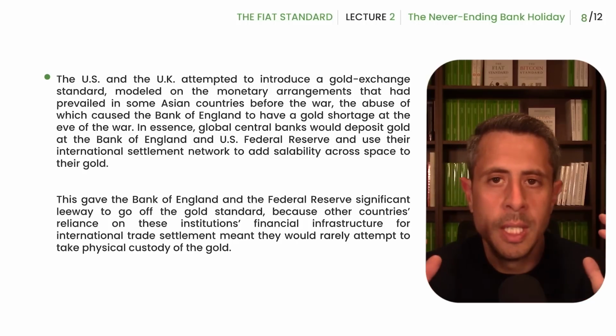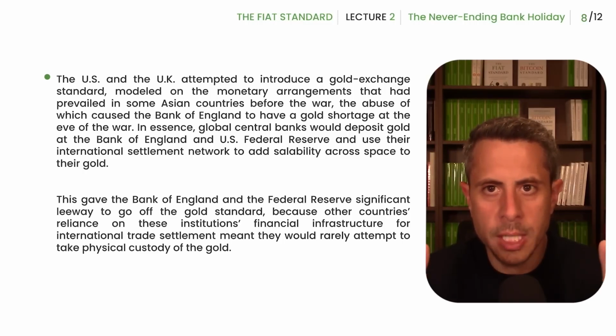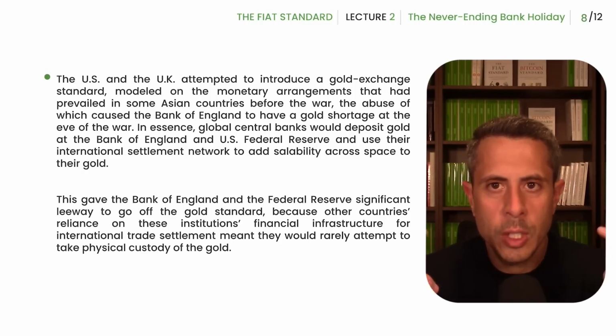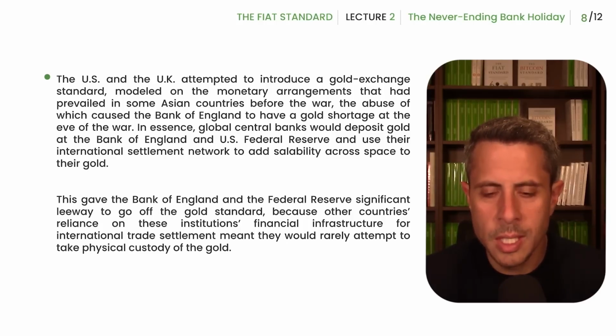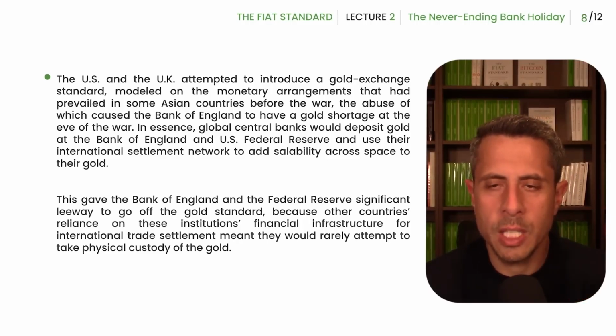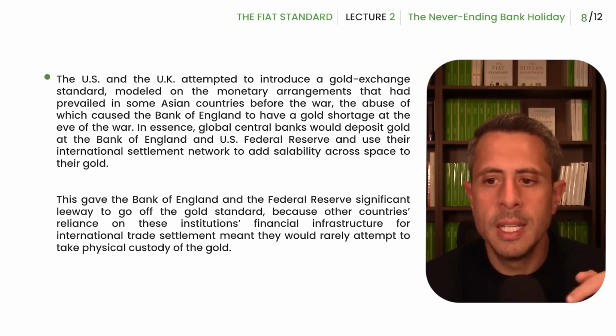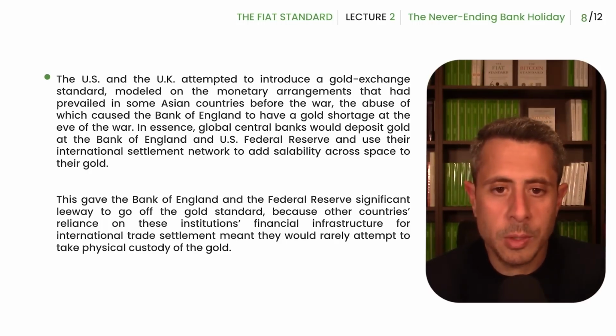And so, after World War I, and as inflation was a problem in the US and the UK, they copied that model, the model that Britain had used with its colonies, and tried to implement it again in new international monetary arrangements. And that's what they did. And so they introduced something called the Gold Exchange Standard, where countries across the world would deposit their gold at the US Federal Reserve and the Bank of England, and that would just then allow them to print more money to save their currencies.